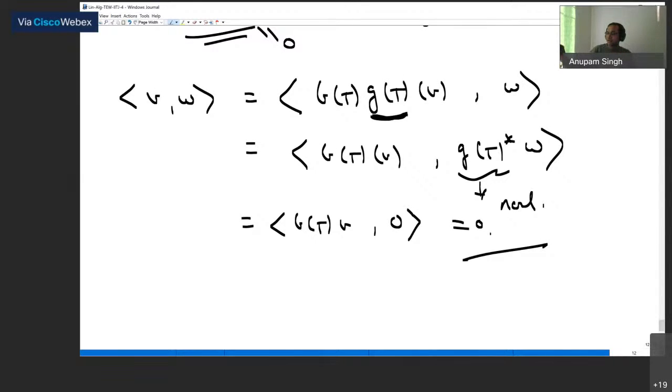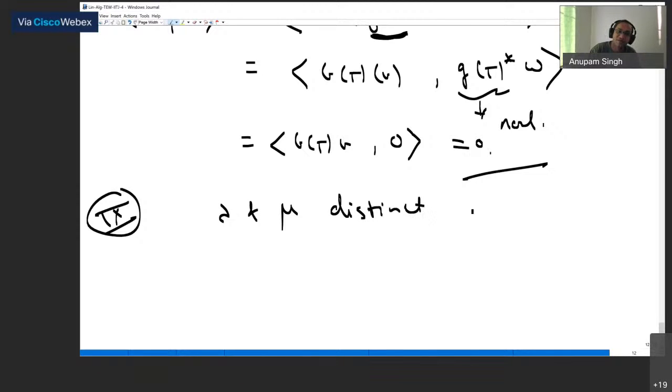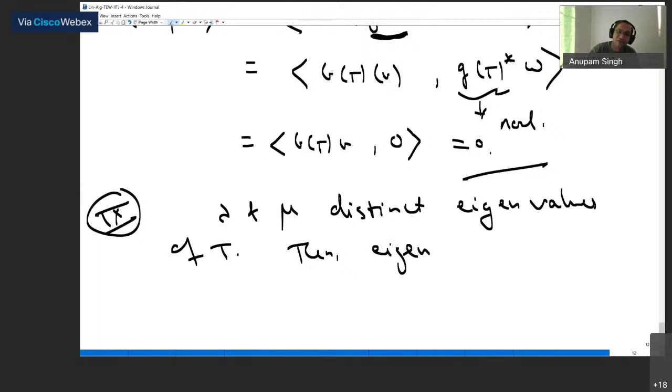And finally, a simple fact I want to write here, which follows from this, as problem number 9. Suppose I have λ and μ distinct eigenvalues of T, then the eigenspaces E_λ is perpendicular to E_μ.